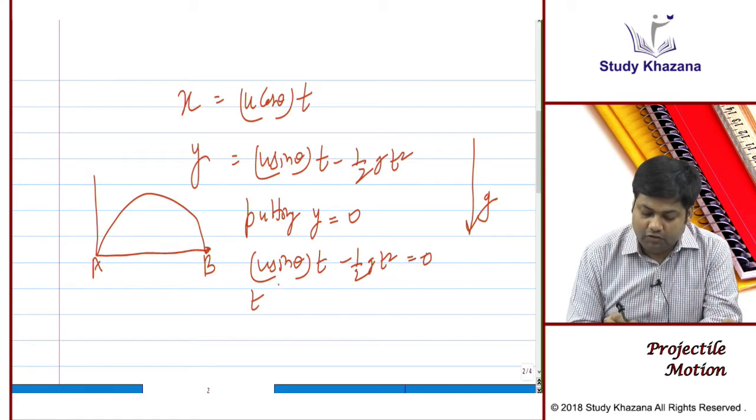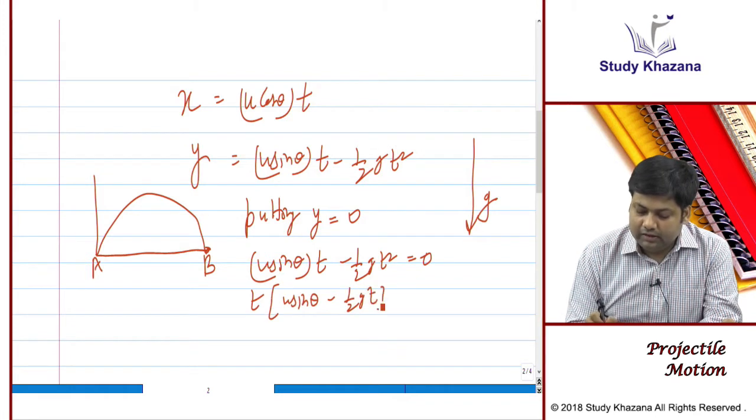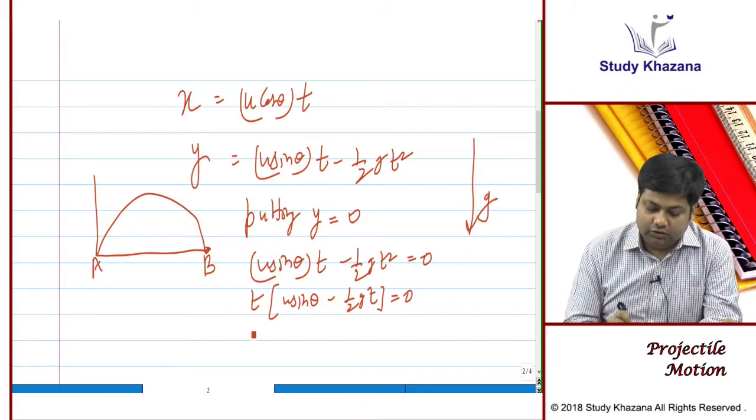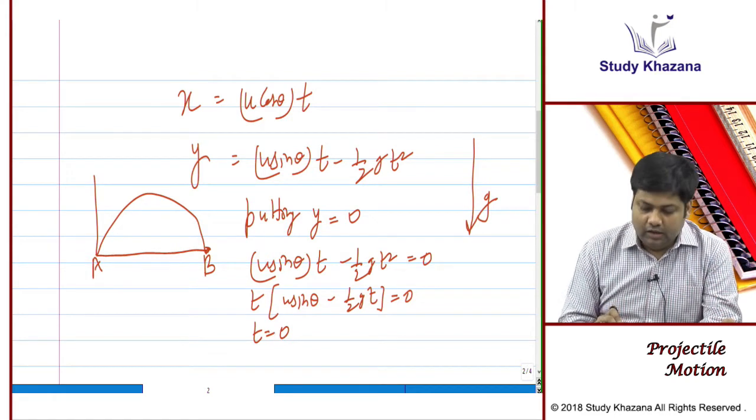Now if you take t common, we will get 2 values of t at which the y coordinate is 0. The first one is of course t equal to 0, where the motion begins. The interesting value comes from the second part, where we get t equal to 2u sin theta by g.